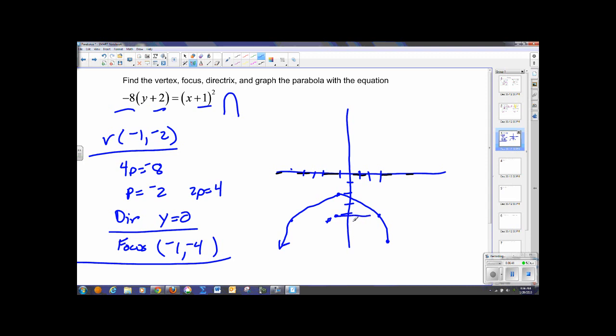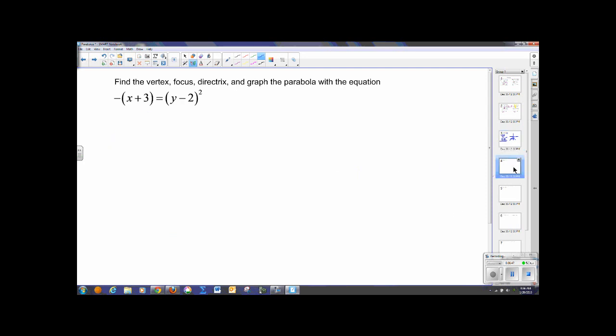I'll label that as 4 here and 4 here. Going to do the same thing, and notice in this case our y term's squared and our x term is the term that is not squared, so that means this parabola is going to be opening to the left since I have a negative in this case. Again, I'm going to look for h and k.